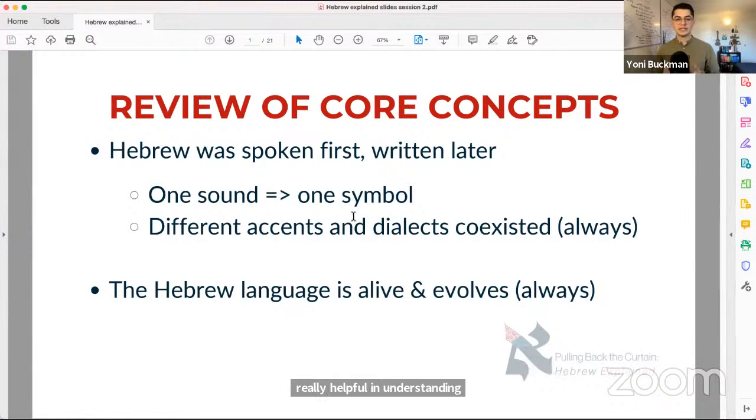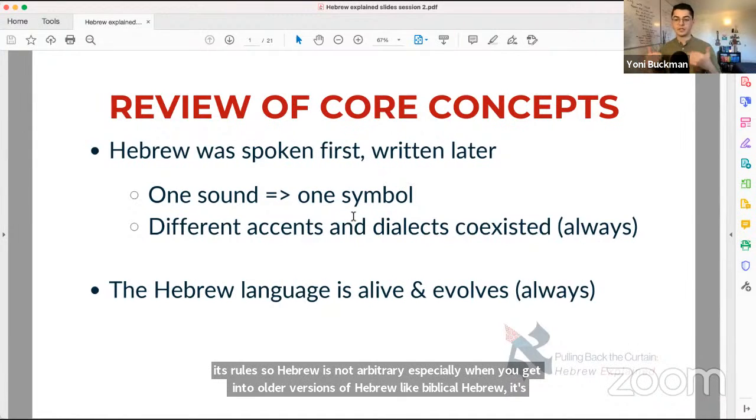One of the reasons that is useful is, especially when it comes to spelling, people get really tripped up because multiple symbols make the same sound today, right? A classic example of that in the Ashkenazic community is the chet and the chaf. Today they make the same sound.